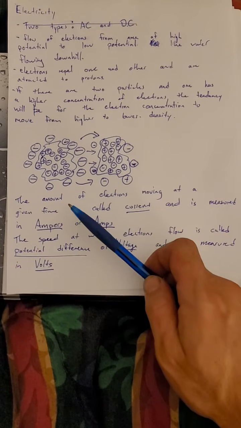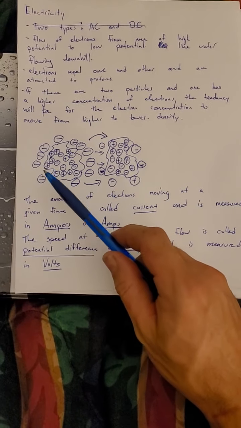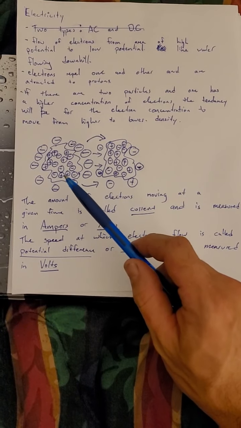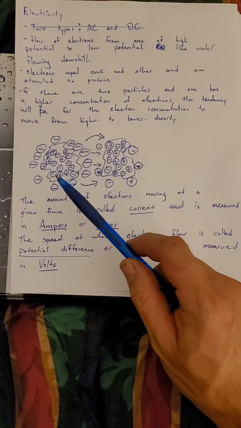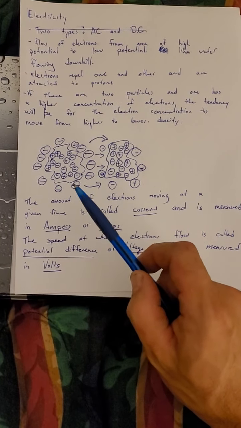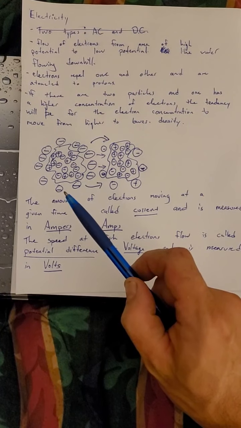So I just drew a little diagram here. You've got two particles. And this one here, I've drawn the negative to represent the electrons and the positive to represent protons. You can see on the left here, there are, relatively speaking, more electrons than protons.